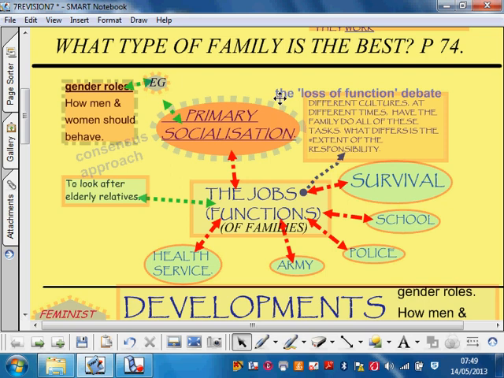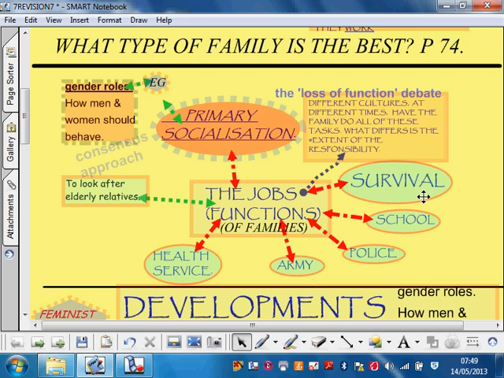There's also what we call the loss of function debate. Different cultures at different times have families do all of these tasks. What differs is the extent of responsibility. Today, families definitely do primary socialisation. In the past, families did all these things. They were your health service, your protection, your armed forces. They were your criminal justice system, the police and the courts and prisons.